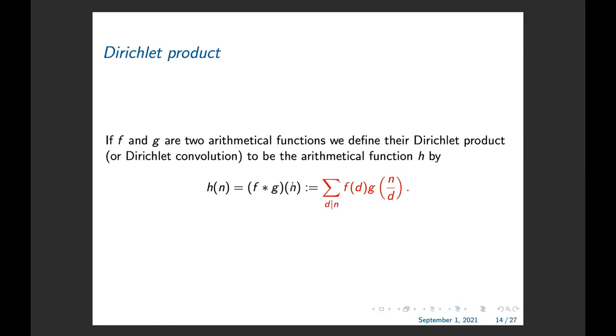So this function at n is defined as the sum of f of d times g of n by d, where the sum runs over all the positive divisors of n. Right?